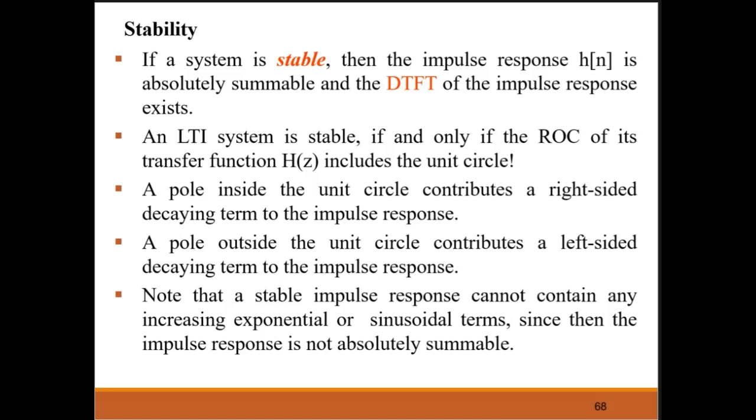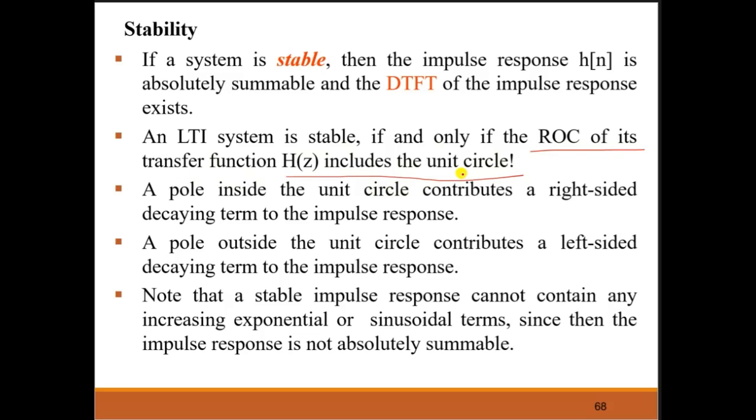Okay. For a system to be stable, kalau satu-satu sistem tu stable, dia punya impulse response is summable and dia punya DTFT adalah exist, means dia boleh di-calculate, ya. Now, LTI system is stable if and only if ROC of its transfer function, okay, includes the unit circle.